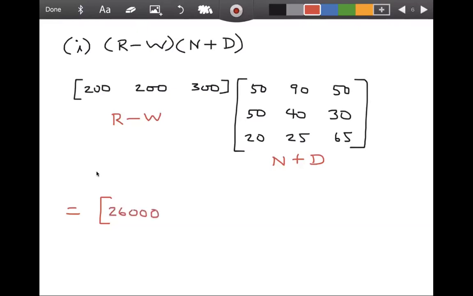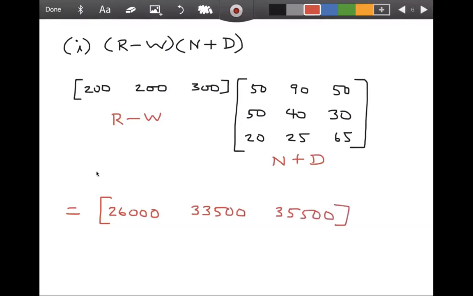At store 2, it was 200 times 90 plus 200 times 40 plus 300 times 25, which is 33,500. And then finally, store 3 is going to be 200 times 50 plus 200 times 30 plus 300 times 65, which is 35,500.